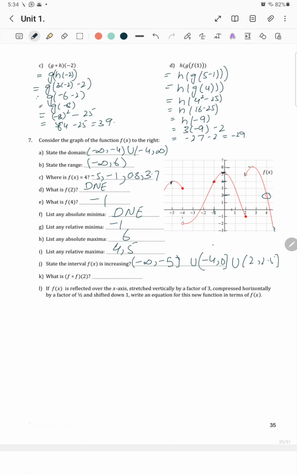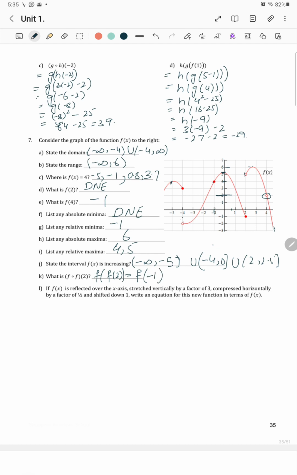f of f of 2 means f at 2 is equal to, y value is 2, then is equal to minus 1.